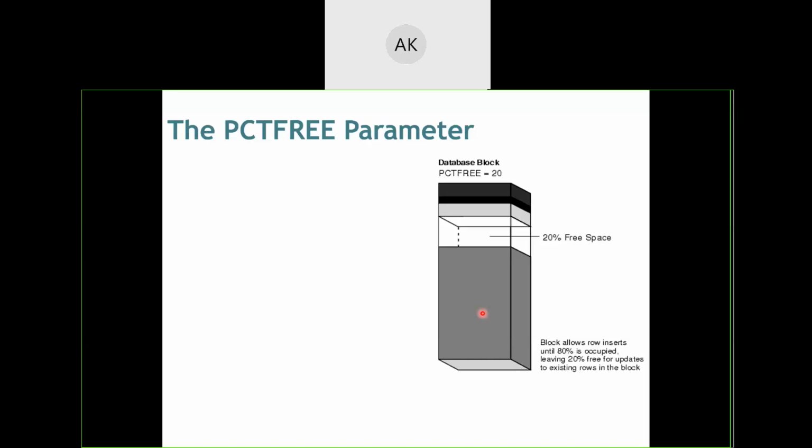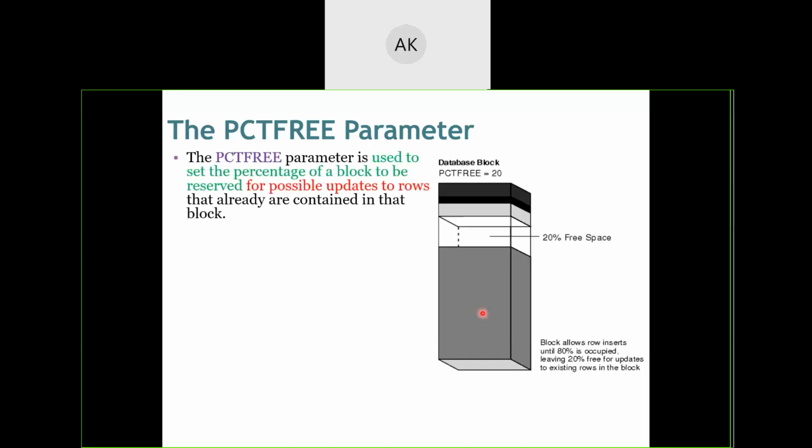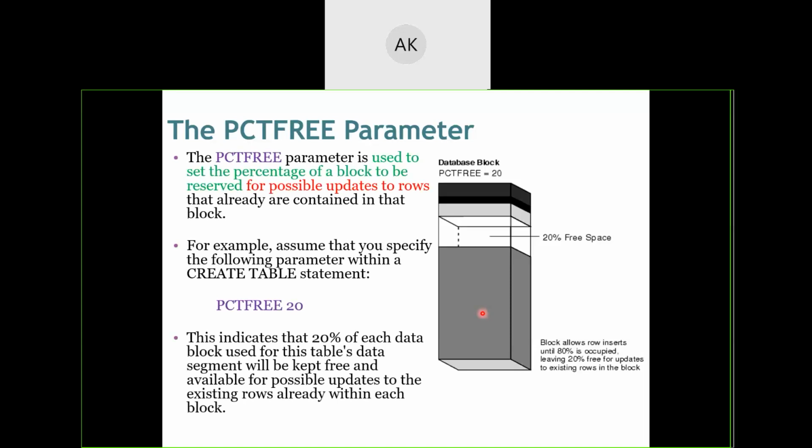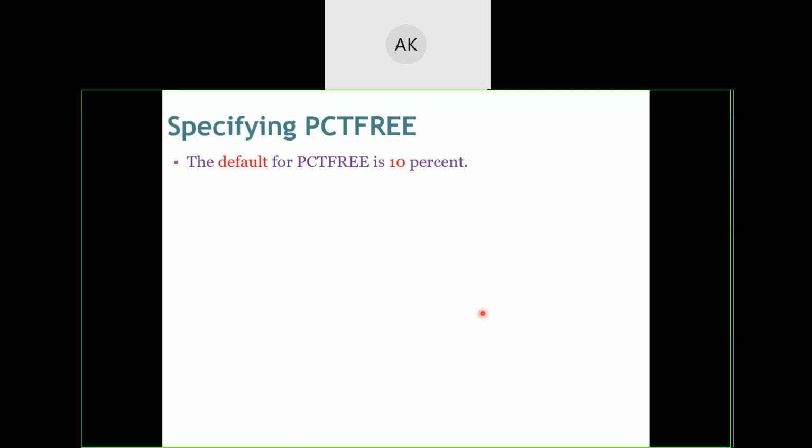By default, it is also allocated by Oracle in the best possible manner, but let us see how that percentage free will be allocated. By default, percentage free will be set by Oracle to 10%. That means 10% of the memory allocated for the data block of your schema object will be kept free for operations to be performed on the existing data or for updates to the existing data.